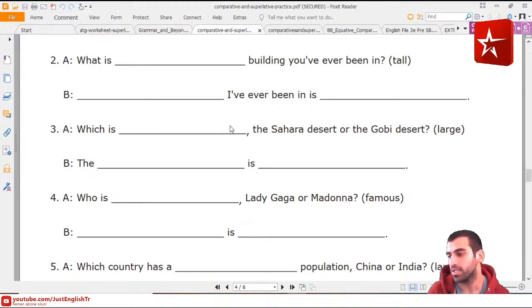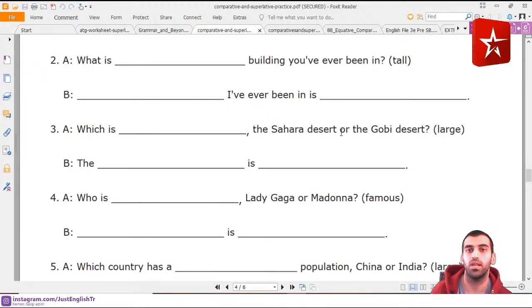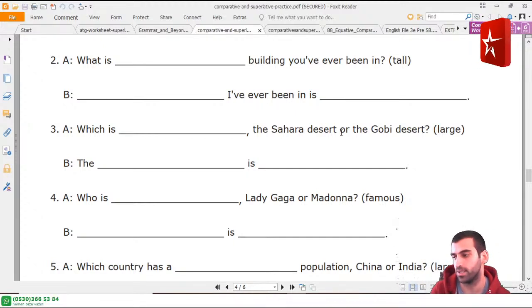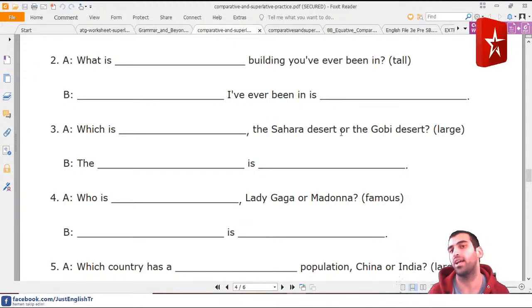Yes, but look at here: Sahara Desert and Gobi Desert, two places. Which is larger? Is it a superlative? No, it is a comparison. Which is larger, the Sahara Desert or the Gobi Desert? We can say the Sahara Desert is larger than the Gobi Desert.